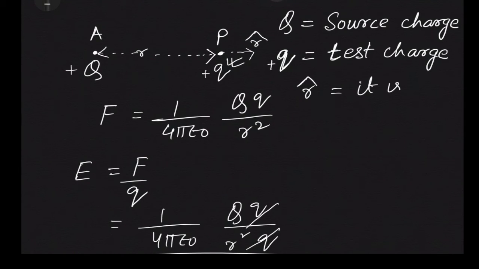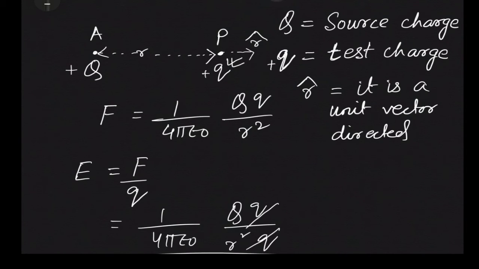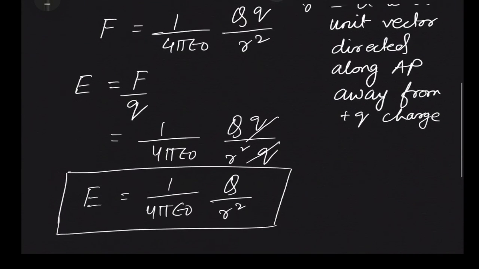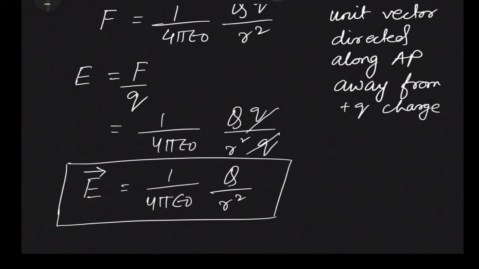It is a unit vector directed along AP, away from plus Q charge. So this is how I define the direction of r cap, and I will put a vector sign and write this r cap. This will indicate the direction in which the electric field is acting.